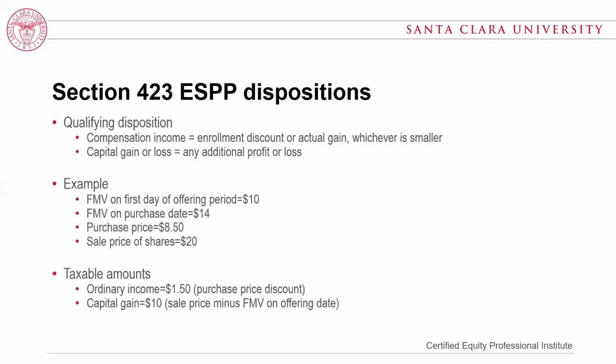So the purchase price was $8.50, and the sale price of the shares was $20. So in this case, the ordinary income was the purchase price discount, and the capital gain is the sale price minus the fair market value on the offering date.